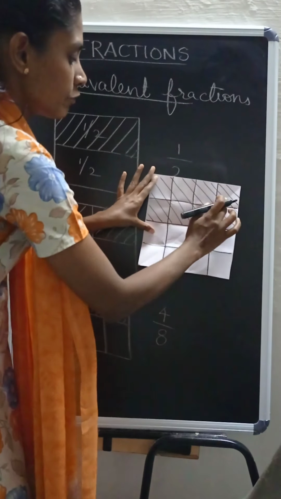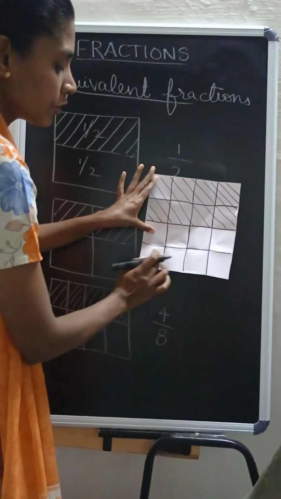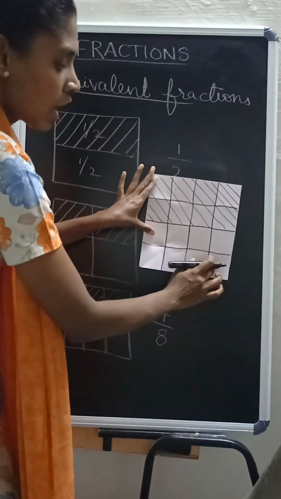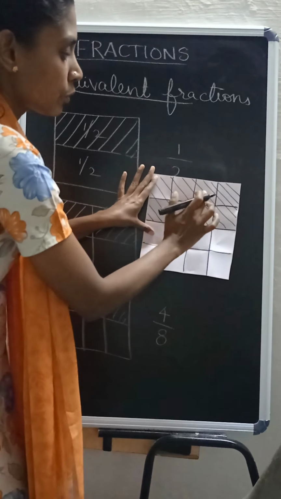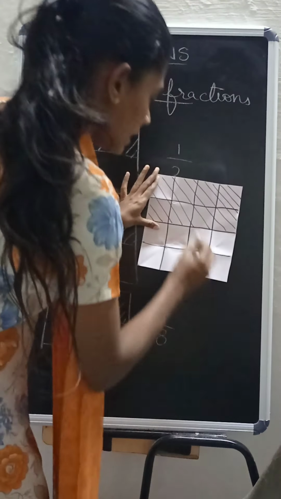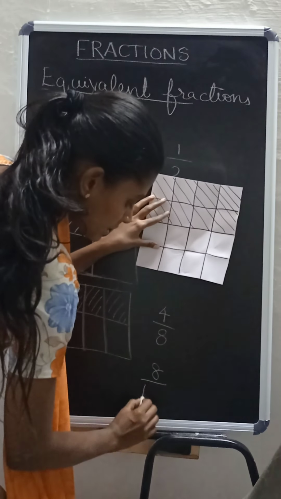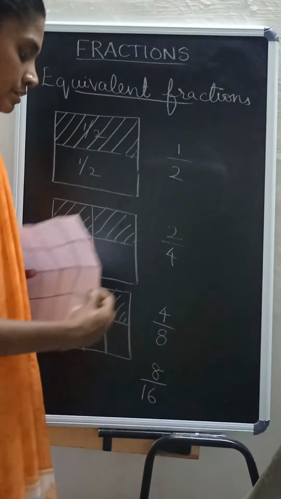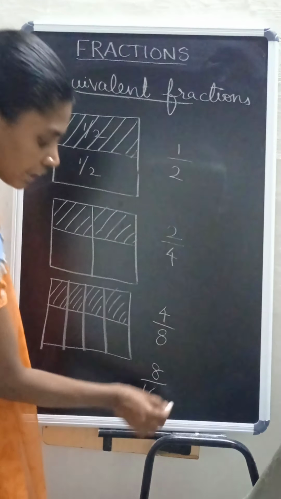One, 2, 3, 4, 5, 6, 7, 8, 9, 10, 11, 12, 13, 14, 15, 16. Out of 16 boxes, how many boxes are shaded? 1, 2, 3, 4, 5, 6, 7, 8 is shaded. So I have got 8 out of 16. So it goes on like this. Okay.